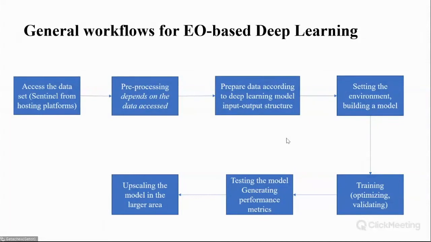After we create a model, we train it, optimize it, validate it, and when we are sure enough the model is working, we again check its performance on the test data set. And after that, if we are satisfied with the model performance, either we can deploy it somewhere to work in an automatic or semi-automatic way, or we can upscale it to a larger geographic region.